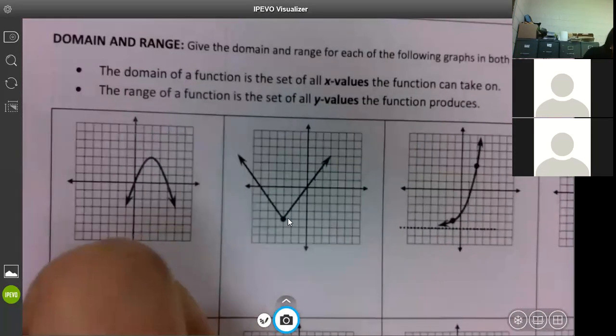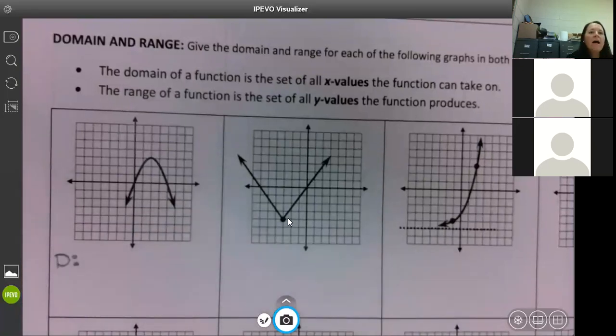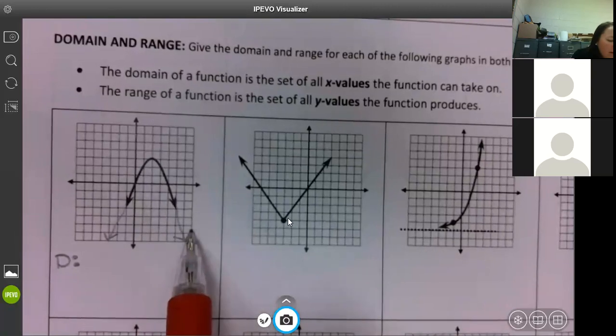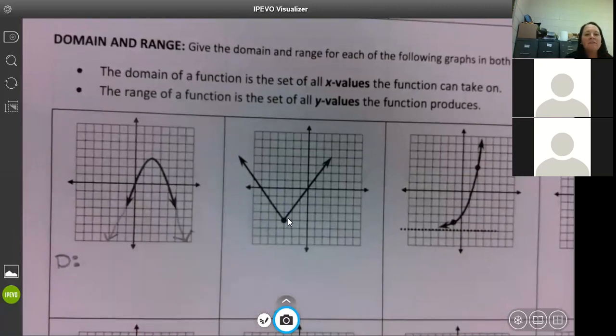So we're going to start with domain. And domain is how far to the left and how far to the right does it go. So on this very first one, you guys see how we have arrows right here. That means it continues to go forever and ever and ever. So as it's going down, we're not talking about down right now, we're talking about left to right. It keeps opening up wider and wider and wider.